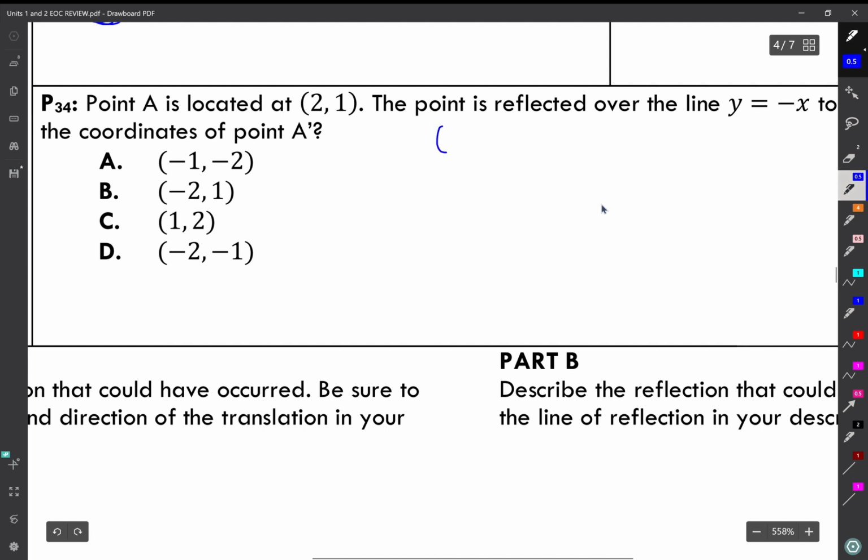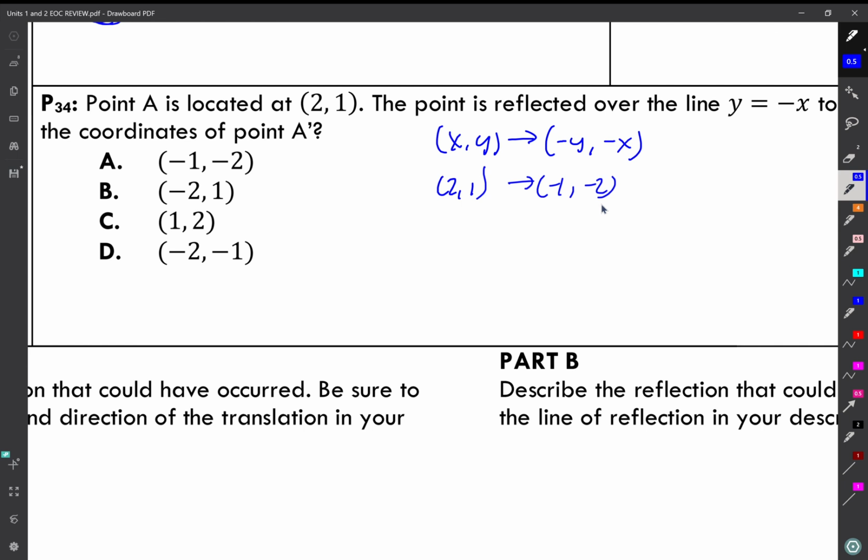Sorry about that. x, y goes to negative y, negative x. Alright, so if the point A is 2, 1, compared to this formula, it's going to go to negative 1, negative 2. Or A.